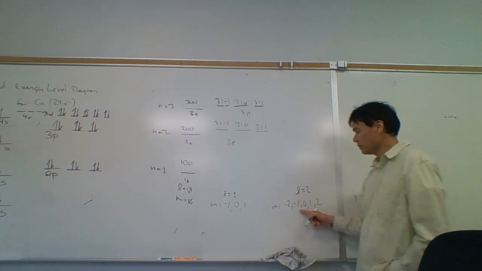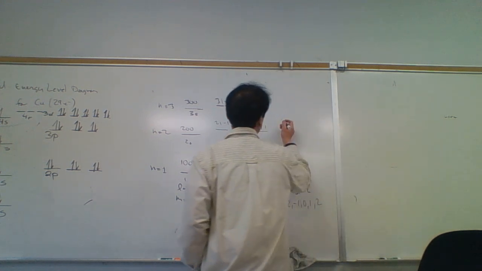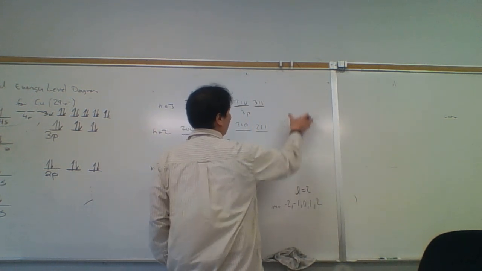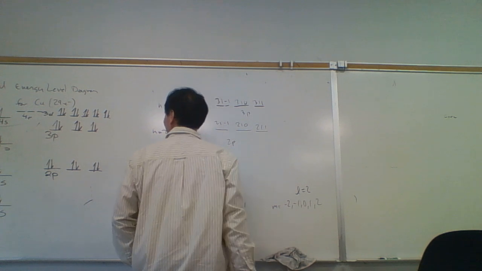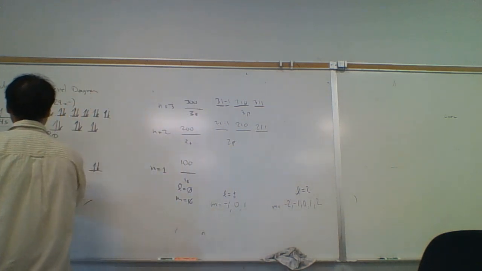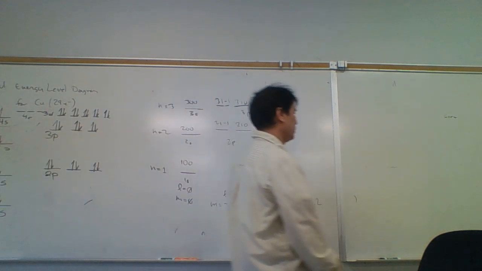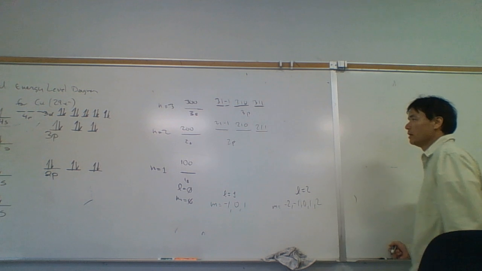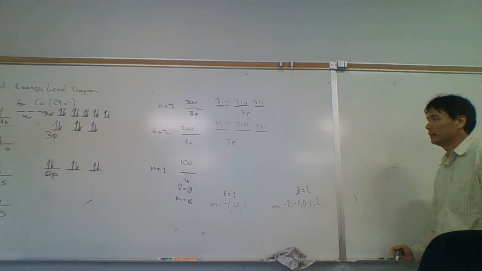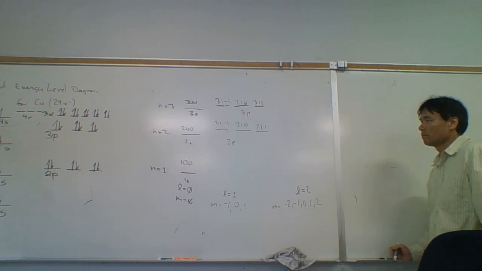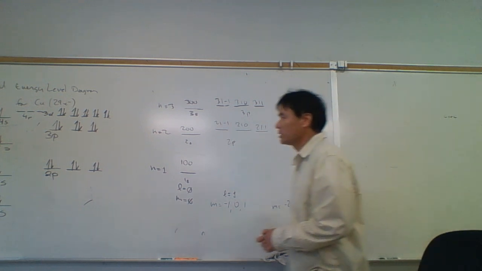So 5 possible M values here. And so we're going to write that, but you know this. You're either going to memorize that the 4s comes before, or you're going to determine it. There are 2 ways to determine that the 4s come before the 3d, aside from memorizing it.